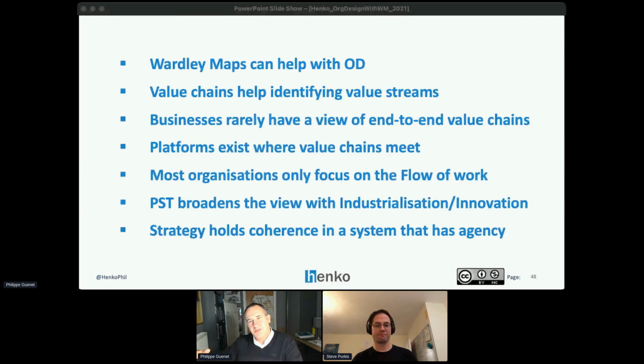How is that value chain going to flow? Does it fit squarely into one of the existing value streams, or is it actually creating a new one for a new type of business? That's the idea of trying to decompose and recombine on the fly as you're running your day-to-day business.